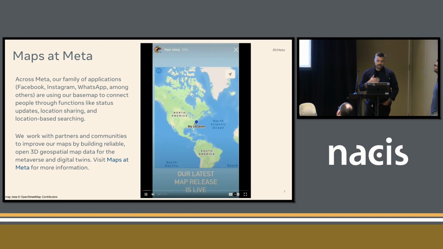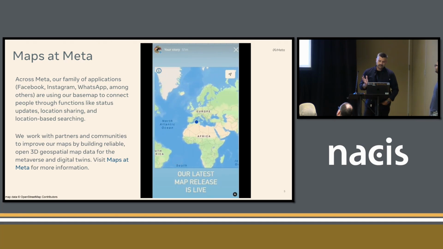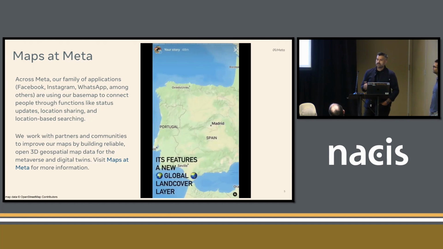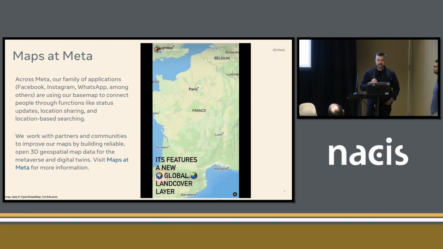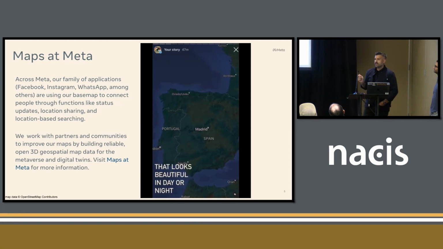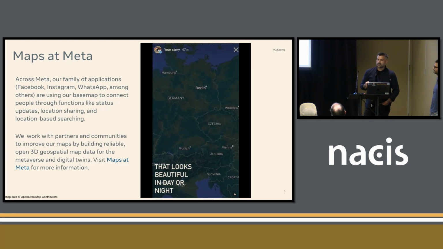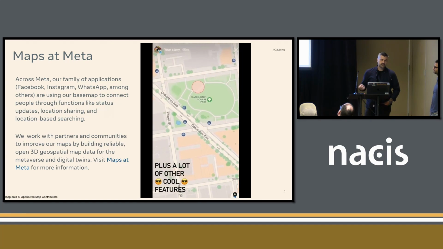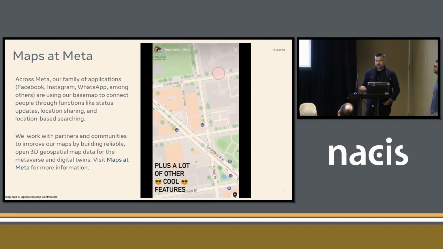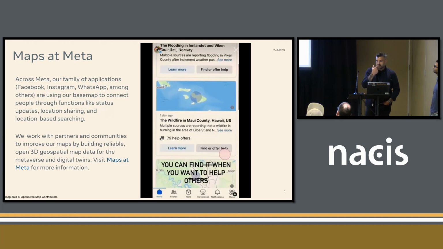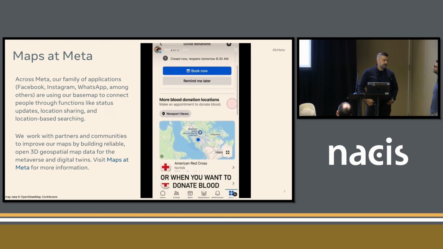So all that data goes into maps at Meta. If you've used a Meta product, there's probably any number of places you might see a map, like doing a check-in, say you're traveling from somewhere, or verifying your location when you log in from another device. Instagram has maps, WhatsApp has maps. There's maps to help you find where to buy your Quest 3 that just came out last week.